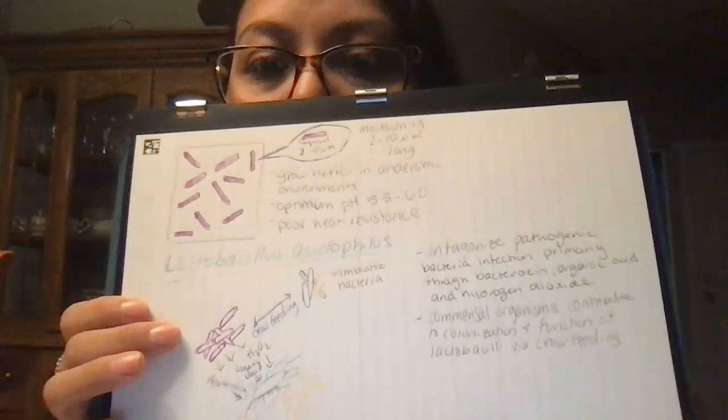As another picture I have here, I've drawn the bacteria, and then we have another image of the symbiotic bacteria and it acting as an antagonist. What this bacteria does is attach to the receptors in the body, so that the bad bacteria, your antagonizing bacteria, cannot attach to those sites.